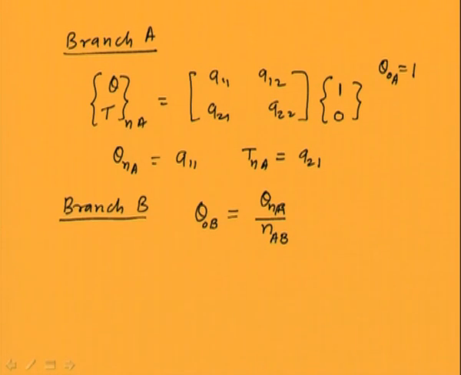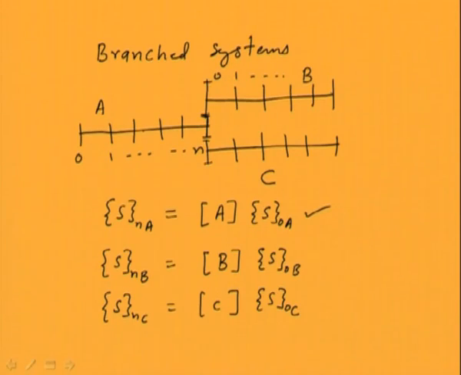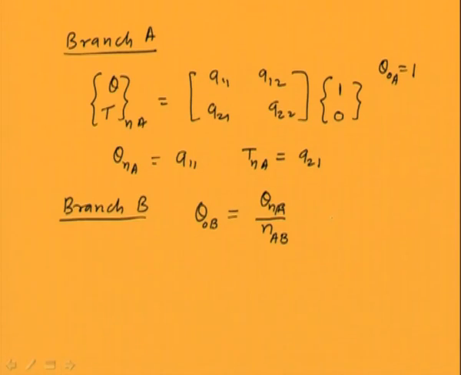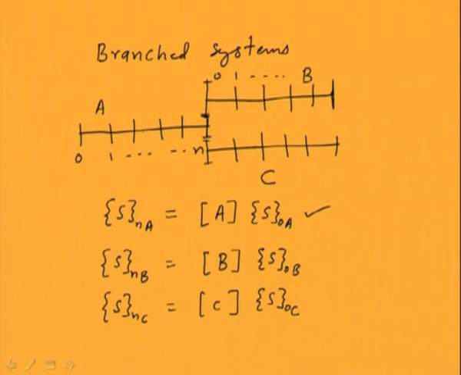Now, what is the other condition in branch B? Because the right hand side of branch B, that means here, there is a free end, we will have the torque at the nth station of branch B equal to 0. So, these are the two conditions we have, which we need to apply in the second equation.